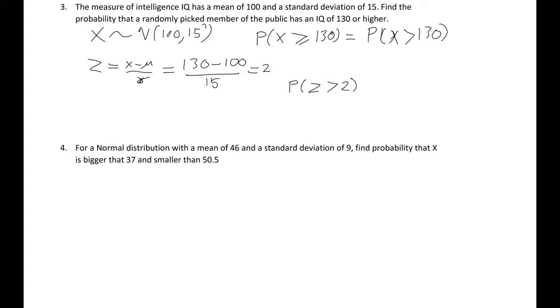Now, using the Zeckley cross method, we have one change. So we can look at the back, we can find z equals 2 from here, and we just do 1 minus that probability. So it's 1 minus 0.9772. So this is 0.0228. That's question 3 done.